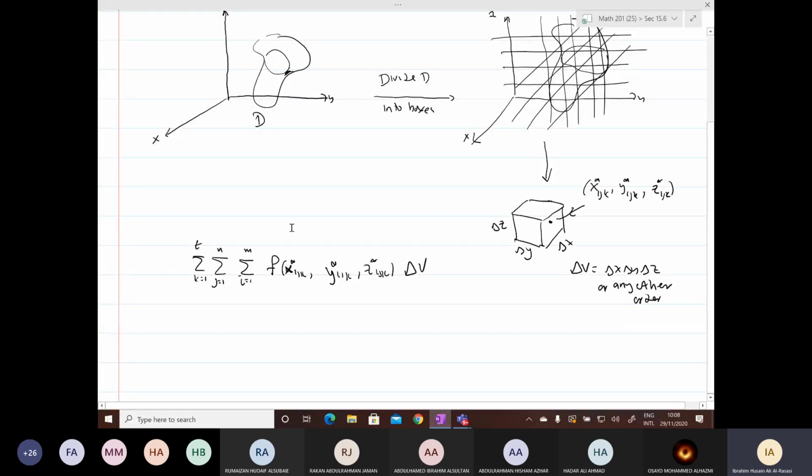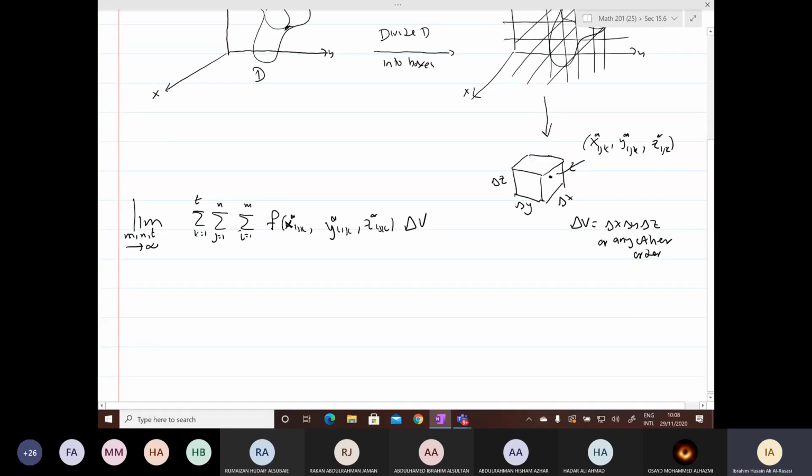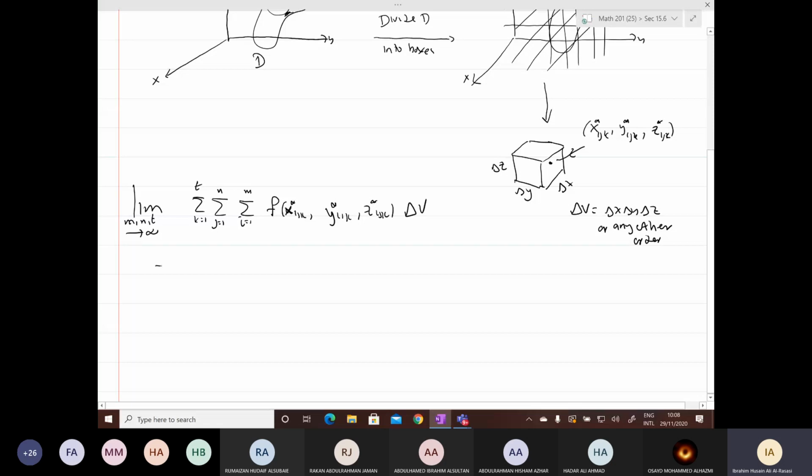Then you take a limit, as m, n, t go to infinity. And this is a limit of a Riemann sum. Well, you change it to the notation of integration. 3 limits of 3 sums gives a triple integral.